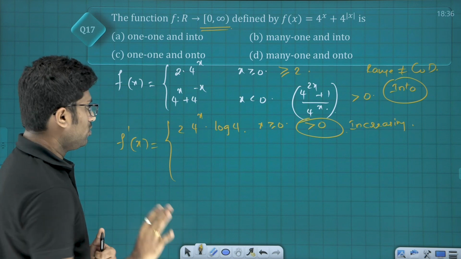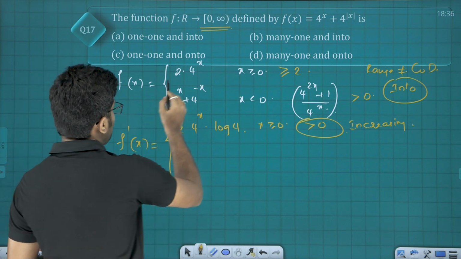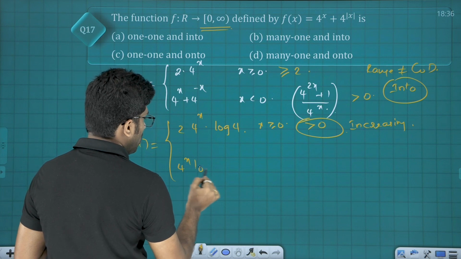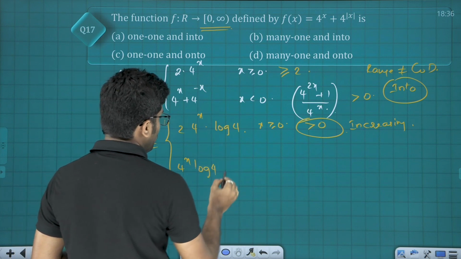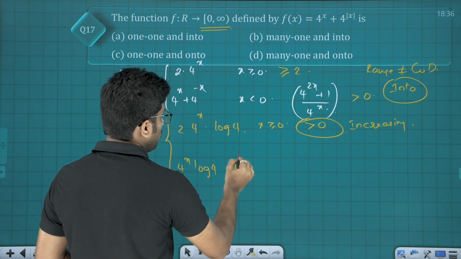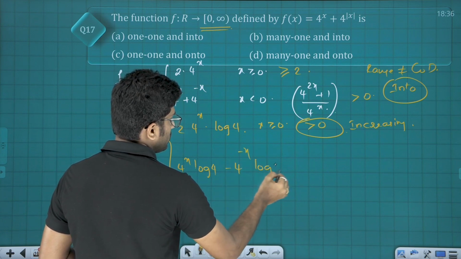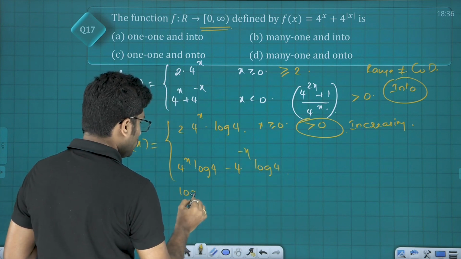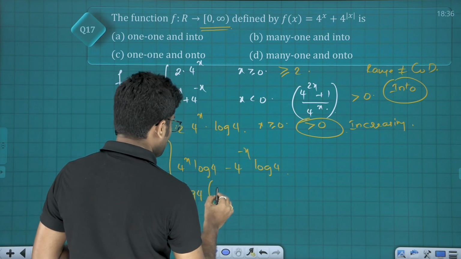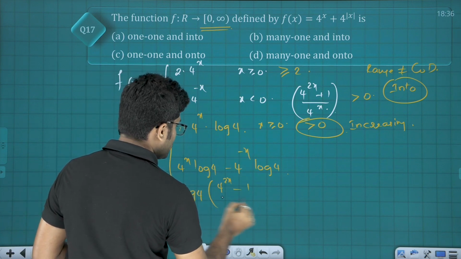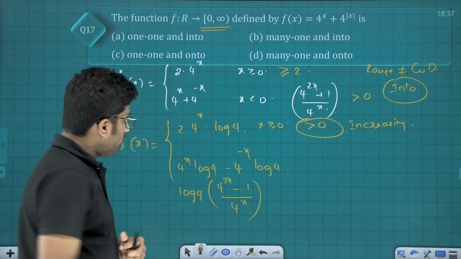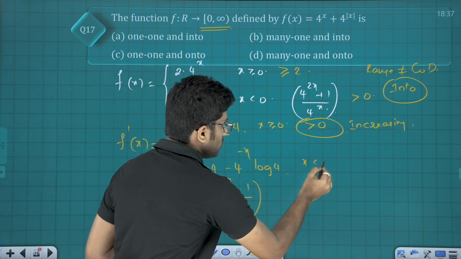So from 0 to infinity, the function is increasing. Okay? Good. What about this one? For 4 power x, the derivative is 4 power x into log 4. And for 4 power minus x, it is minus 4 power minus x into log 4. Taking log 4 common, 4 power x minus 1 by 4 power x is 4 power 2x minus 1 by 4 power x. This is when x less than 0.